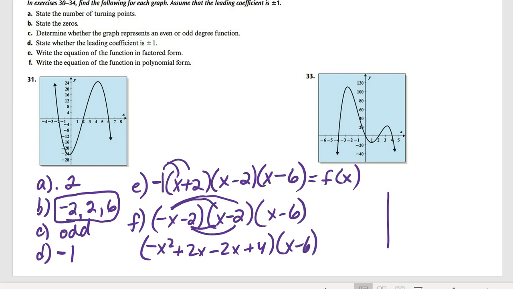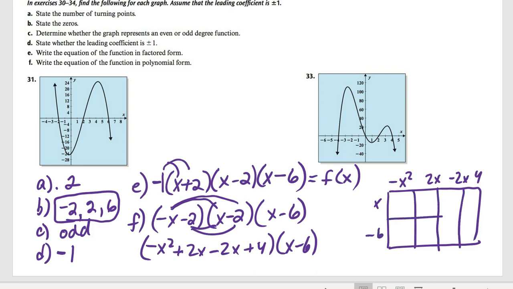Now, I myself think it's a lot easier to do these long ones using a box method. So I'm going to recommend this method if you can do it. To me, it's a lot more orderly. What's nice about the box method too is typically it helps you sort things because you're going to be sorting on the diagonal.